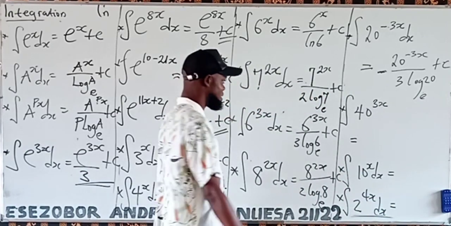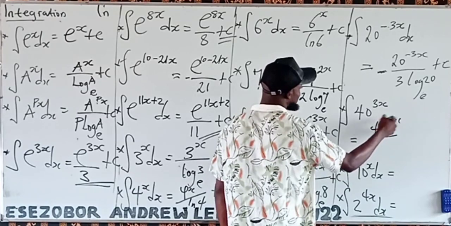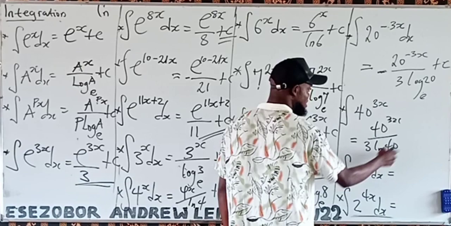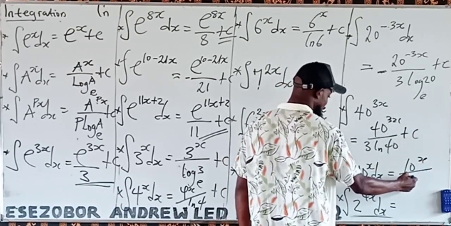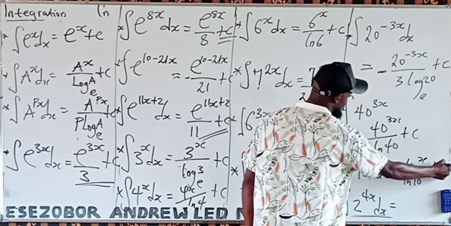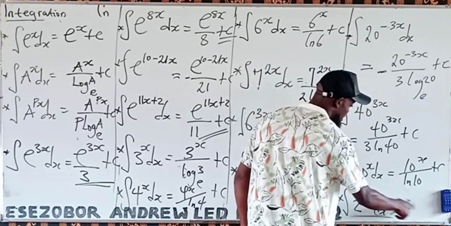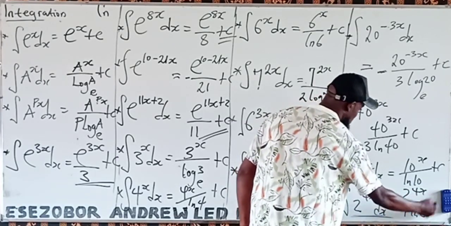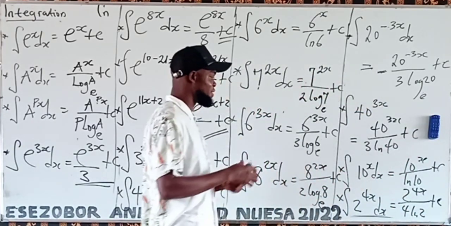So what are the respective answers? 40 raised to power 3x over 3 ln 40, or log 40 to base e, plus c. This gives us 10 raised to power x over ln 10 plus c, because there's nothing here to put. And this gives us 2 raised to power 4x over 4 ln 2 plus c. That is all. The question is very simple.